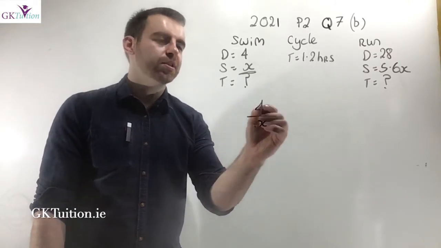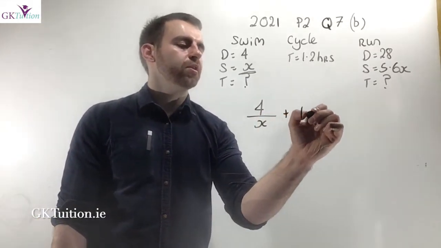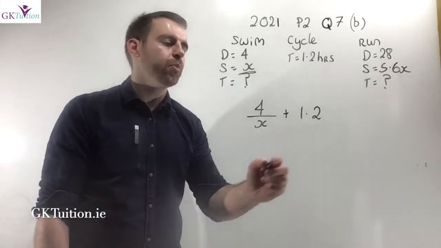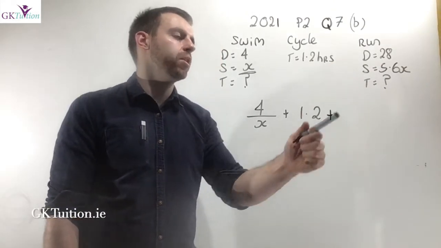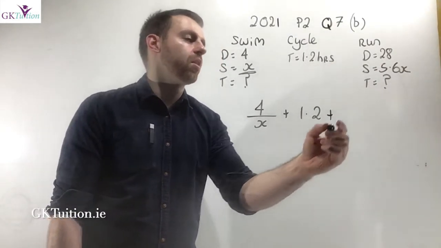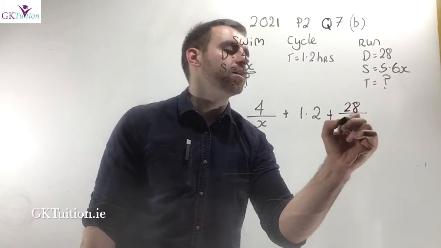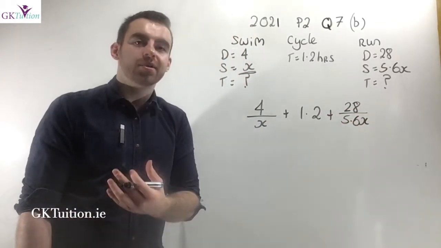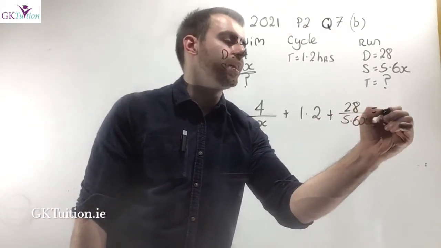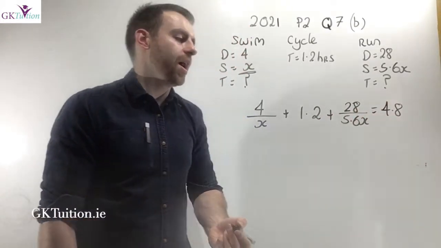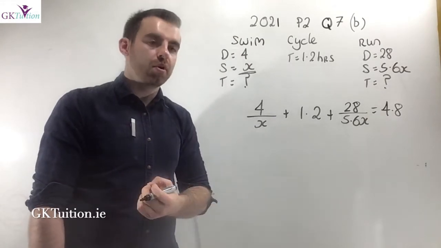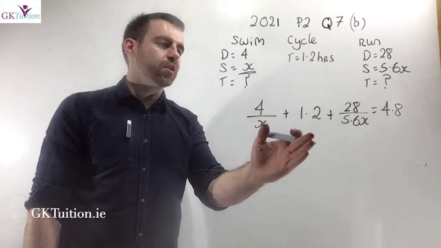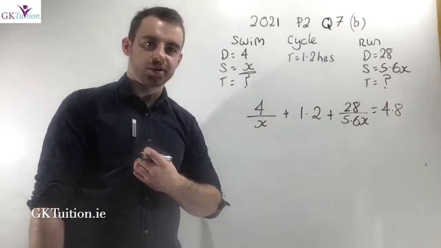If I take the time it takes her to swim, plus the time it takes her to cycle, which we used in part A, it's just 1.2, plus the time it takes her to run, and remember to work out the time, it's distance, which is 28, divided by speed, which is 5.6x. If I add them all up, I know that they have to add up to 4.8. So just look at what we have here. We've got one equation and one unknown, so we can simply solve this. This is the time for the swim, the cycle, the run. Add them up, I get the total time.